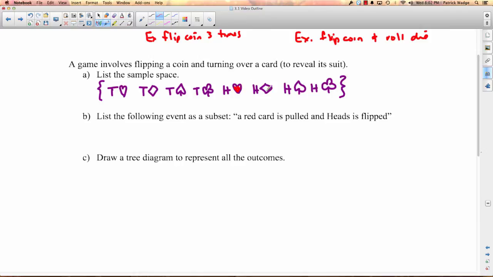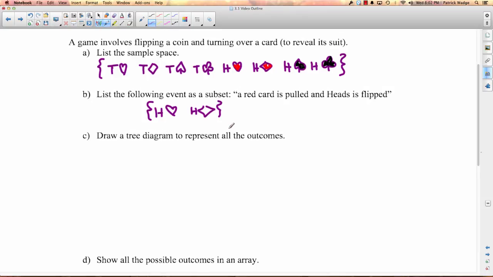Hearts are red. Diamonds are red. Spades are black. Clubs are black. So if we want to get a red card in heads, it's either heads with a heart or heads with a diamond. That's it.